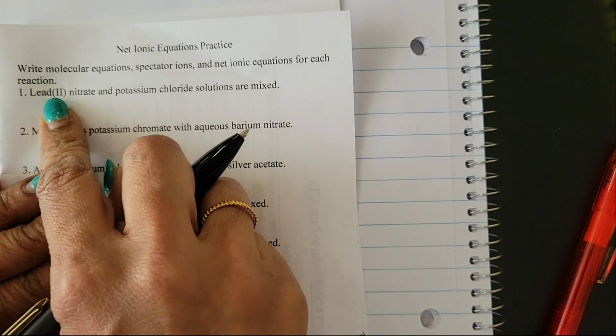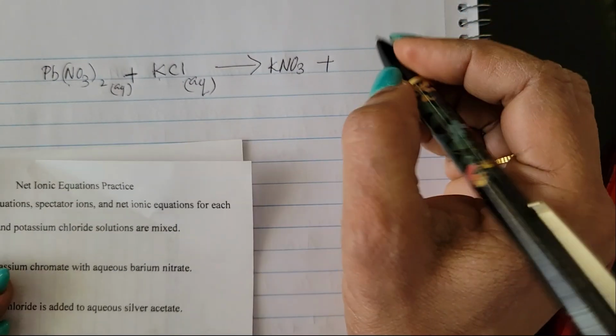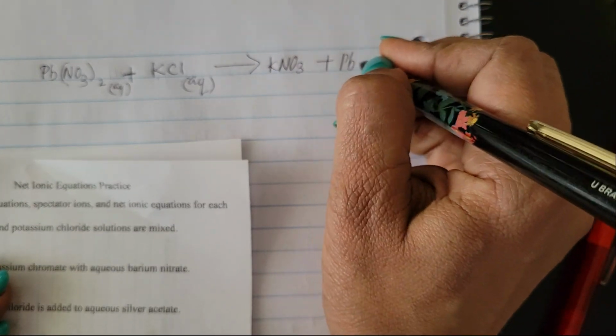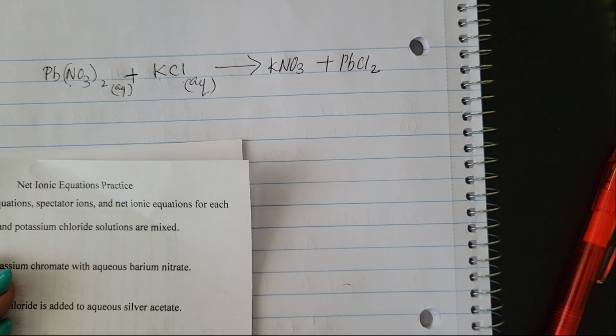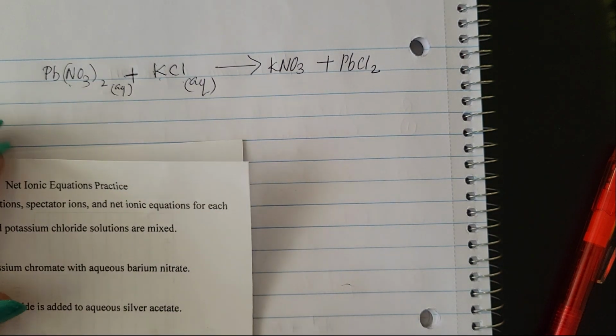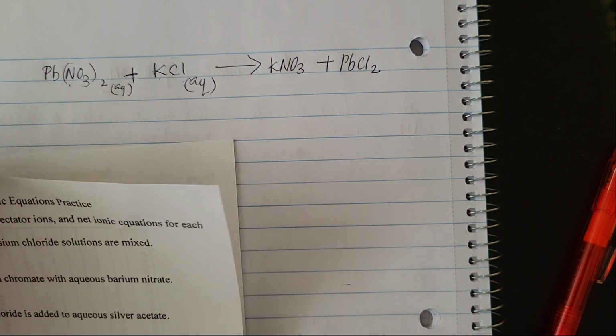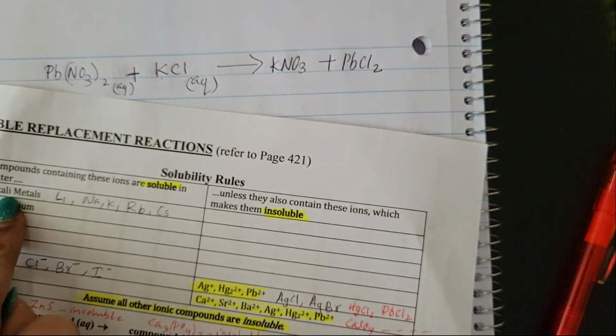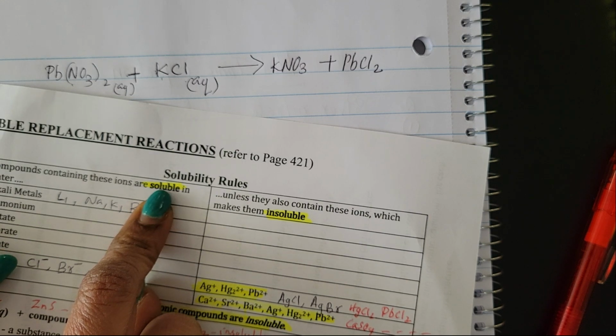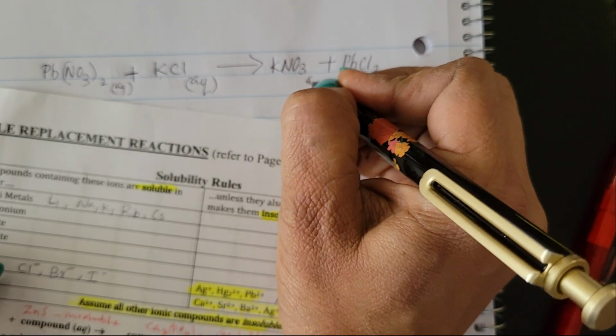Pb2 chloride, the formula is PbCl2. Okay, now we have to check the solubility rules. Potassium, alkali metals are what? Soluble, right? AQ there.